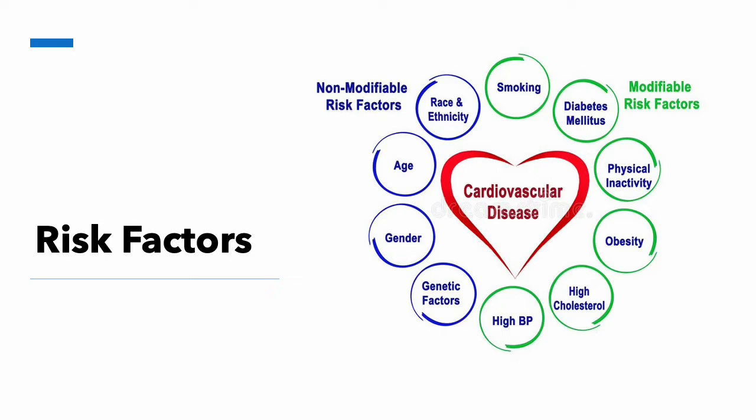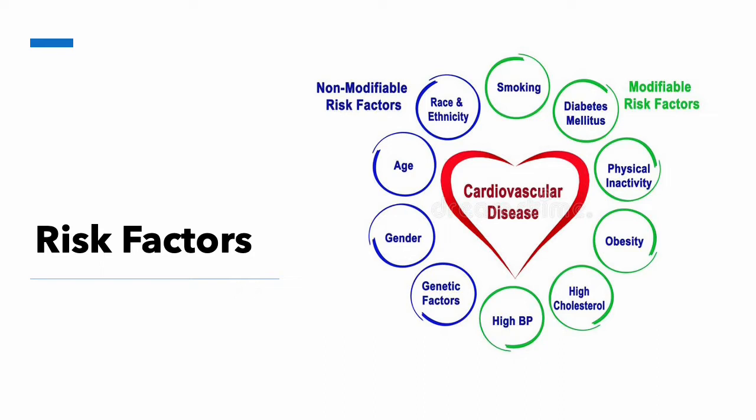So with regards to our non-modifiable risk factors, some of these include race and ethnicity. Persons who are of a non-Caucasian background are at an increased risk of developing cardiovascular illnesses.